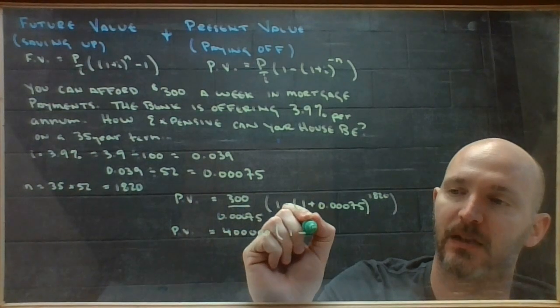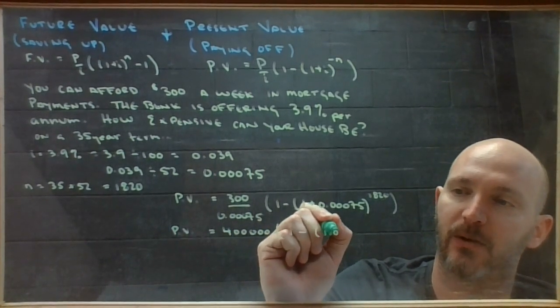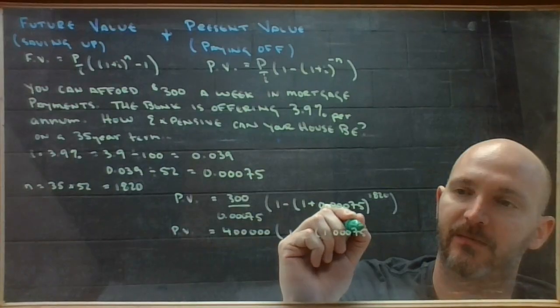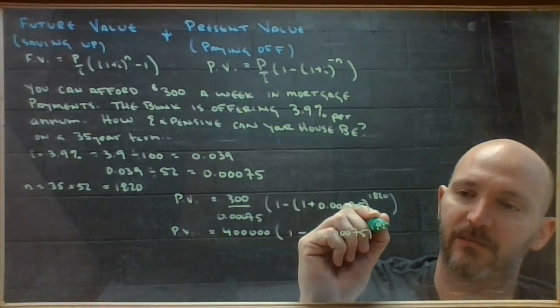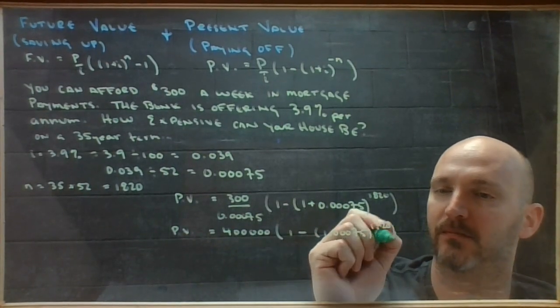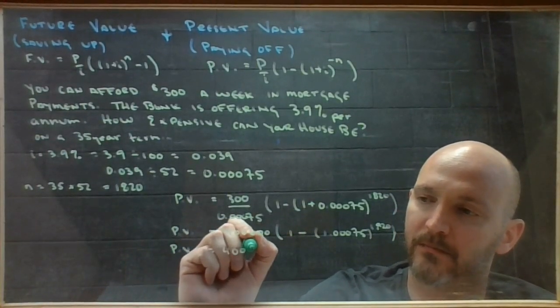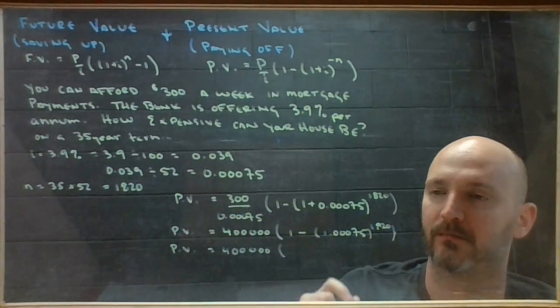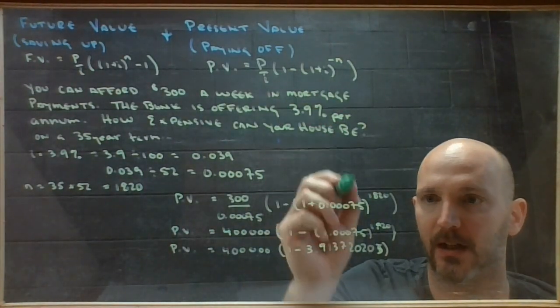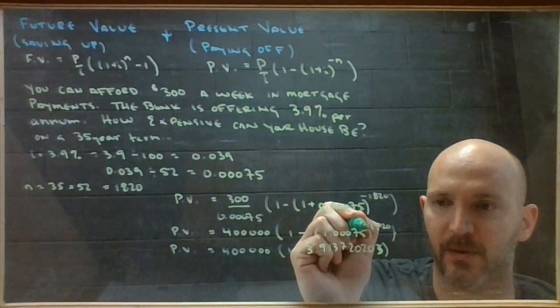And this will be 1.00075 to the exponent 1,820. I forgot the negative exponent on there.